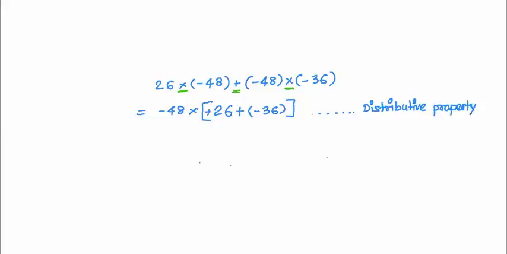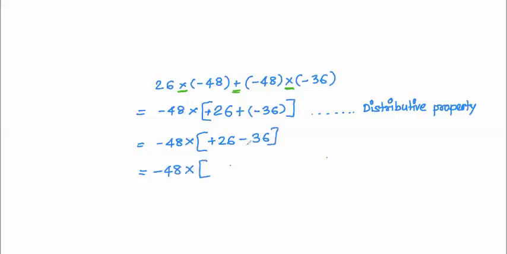Okay. Now this we solve. Minus 48 stays as it is. In the multiplication, we solve the bracket first. It is plus 26 plus minus, the resultant sign being minus because they are different signs. So plus 26 minus 36. Now 48 remains as it is. Inside the bracket, plus 26 minus 36.